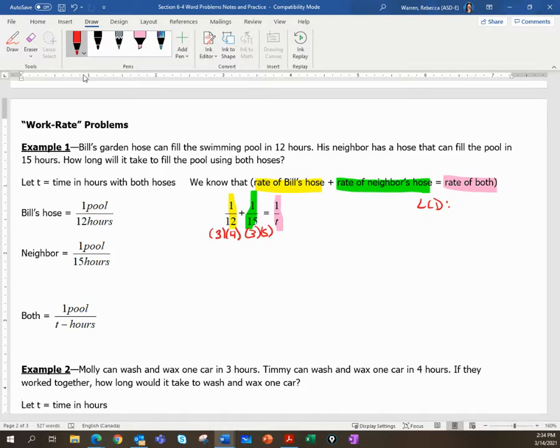So 3 times 4. Then I move on to the second expression and I look, okay, so 3 times 5. Well, I already have a 3, so I don't need to include that again, but I don't have a 5, so I need to include that 5 in my lowest common denominator.